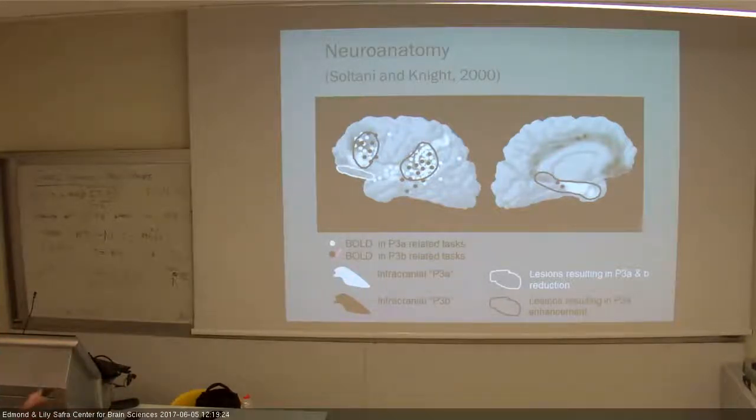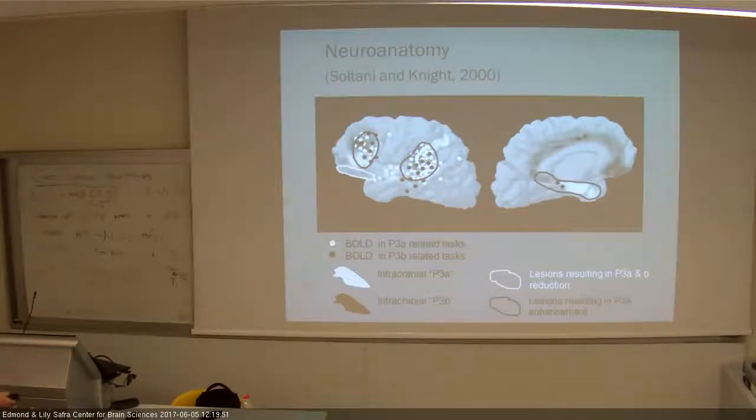Okay, so these are the white and the black dots. Then the contours, the white and black contours, show you results from lesion studies, patients who had brain lesions and showed reduction or enhancement of the P3A or P3B.